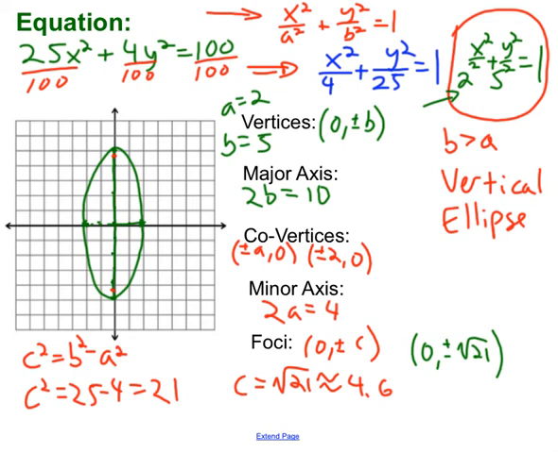And you can imagine if this flattened out along the y and the x stayed the same, eventually you would come to a circle. And those two foci would converge on the center of the circle, and the major and minor axes would be the same, and that would be a radius. So kind of neat. You can see how this relates to a circle a little bit, and those are two great examples for you of a horizontal and a vertical ellipse. All right, we'll see you soon.